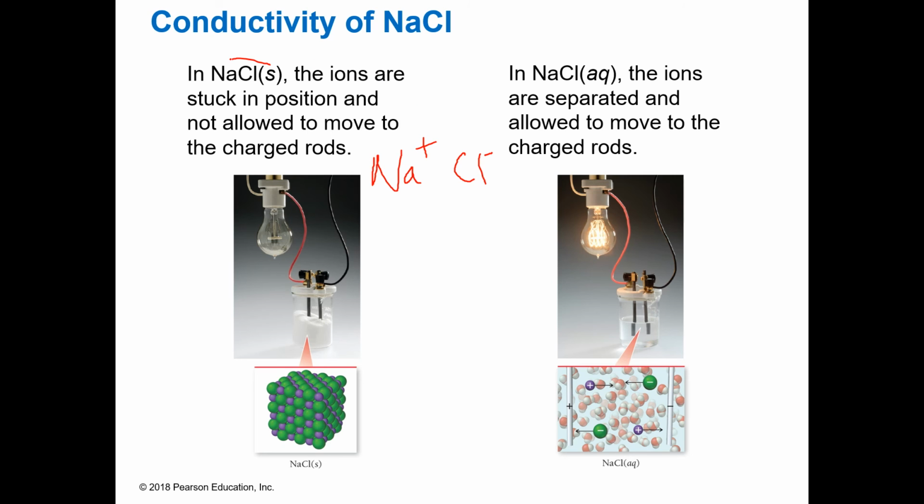When they're put together as a solid, that's what it looks like. Ions, when they're in ionic form, so they're separated, not together as a compound, can conduct electricity and actually light up a light bulb. These are called our electrolytes, and we will come back to them a little bit later.